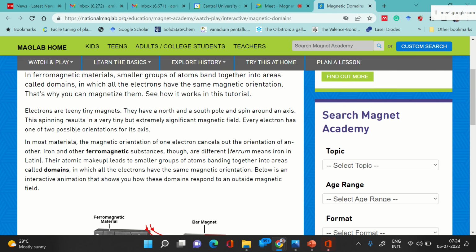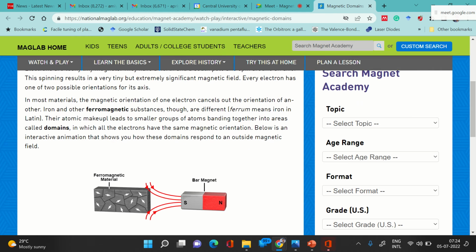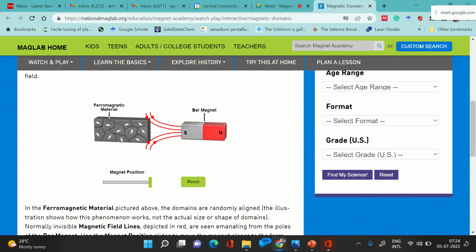So you can see the basic idea of the ferromagnetic material and the domains that exist. It is presented in a very simple way with animations. This is the magnet, and this is your ferromagnetic material, in which you have several domains.